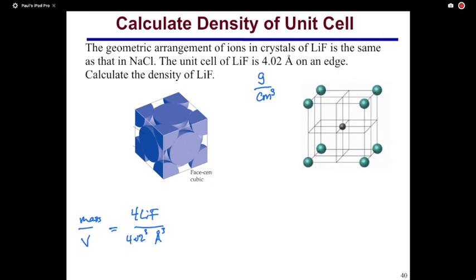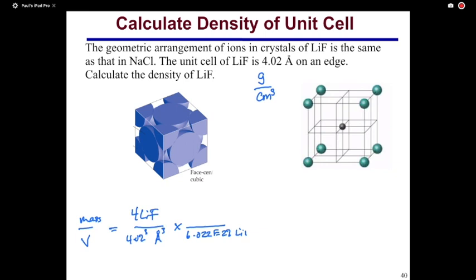That's number of things. Okay. Number of things to a mass. What can I change number of things into? You can change them into dozens. Does that help you? No. You can change them into what? Moles. So if I have 6.022 e to the 23rd lithium fluorides, I would have 1 mole of lithium fluoride.